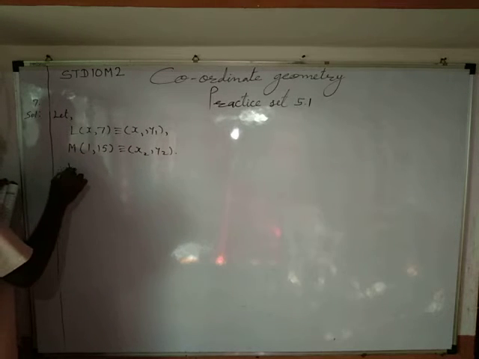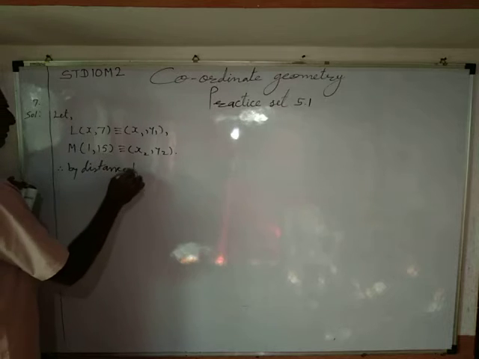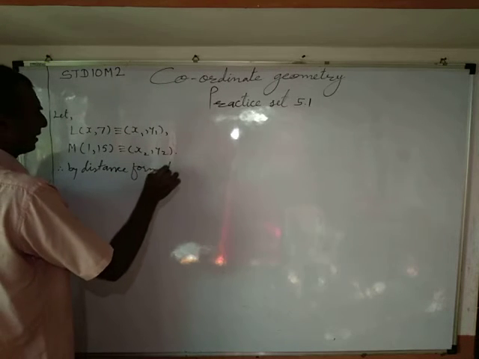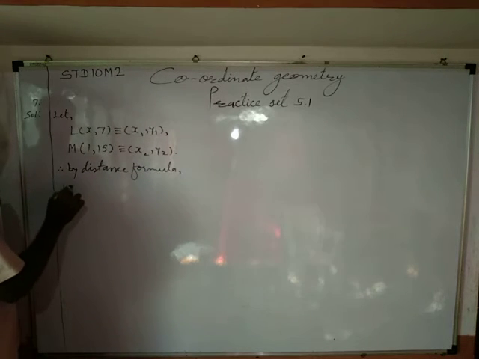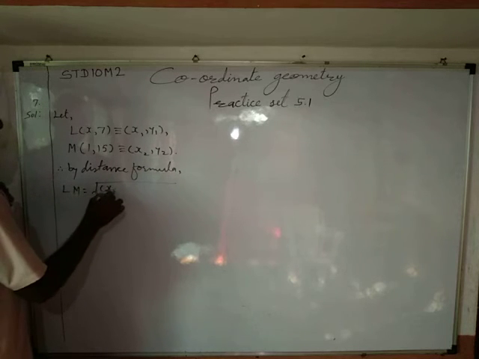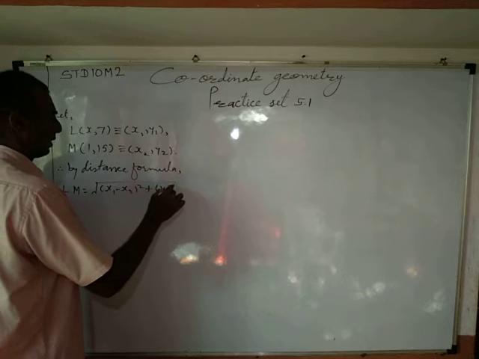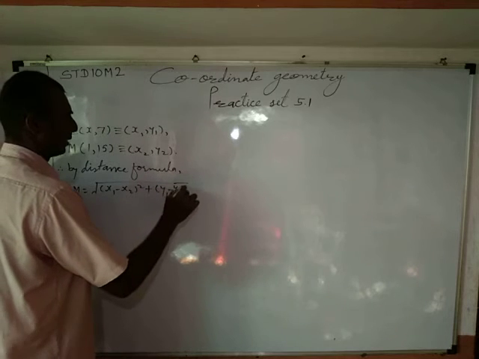Therefore, by the distance formula, LM equals under root (x1 minus x2) whole square plus (y1 minus y2) whole square.